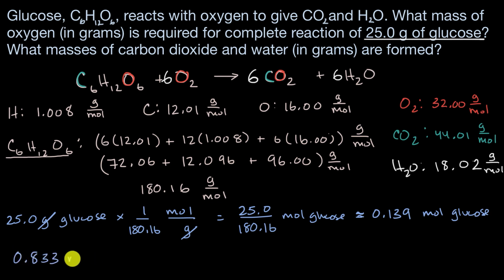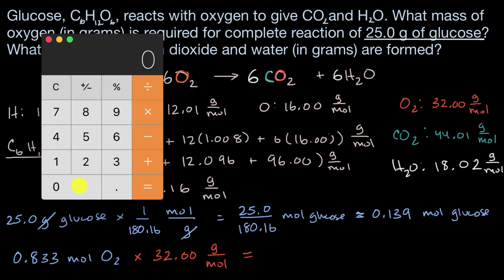So we're going to need 0.833 moles of molecular oxygen, and then I just multiply that times the molar mass of molecular oxygen. So times 32.00 grams per mole of molecular oxygen. 0.833 times 32 is equal to that.